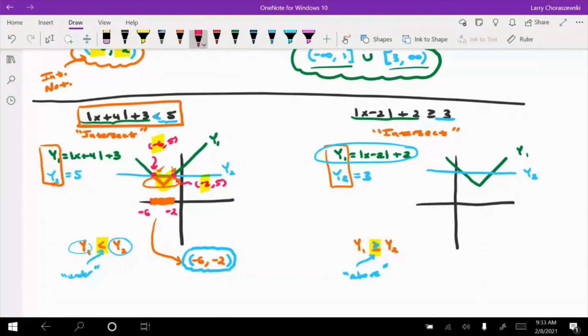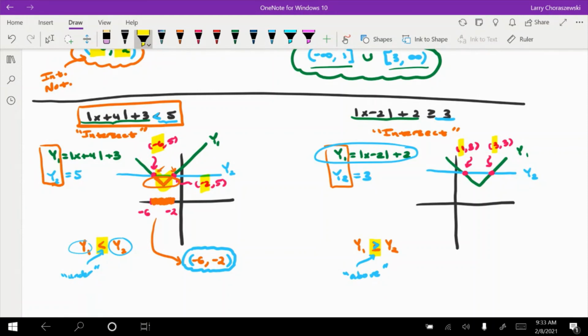Can anybody provide the 2 points of intersection if they found them? 1, 3, yep. And then 3, 3. Very good. Correct. It's from SpongeBob. So if this were an equation, we'd identify the x-coordinates of each point and be done.